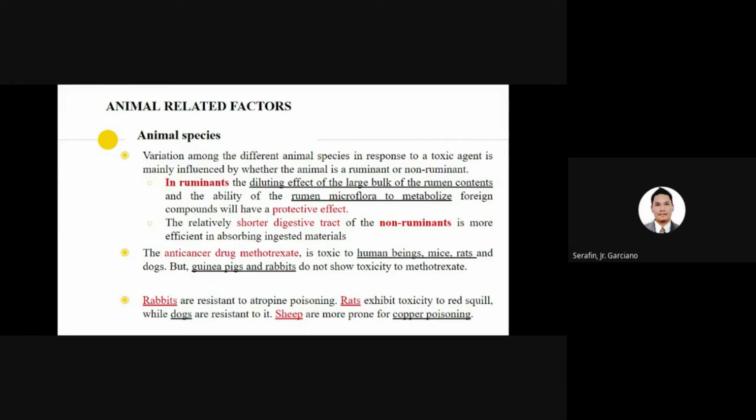Now imagine, they excrete copper into the bile at a very low rate, leading to a build-up of copper concentration in the liver over time, and this will lead to copper poisoning of the sheep.